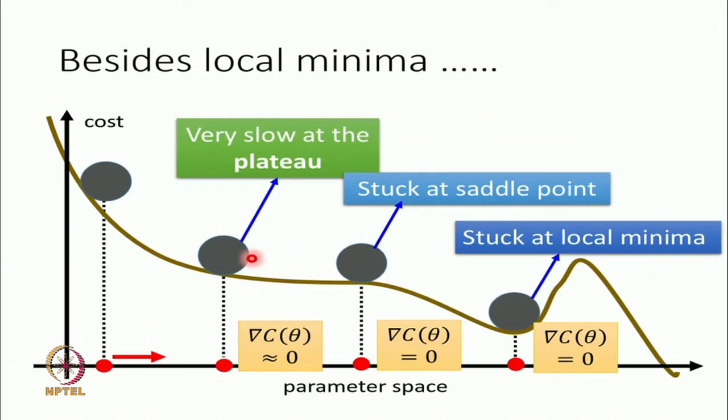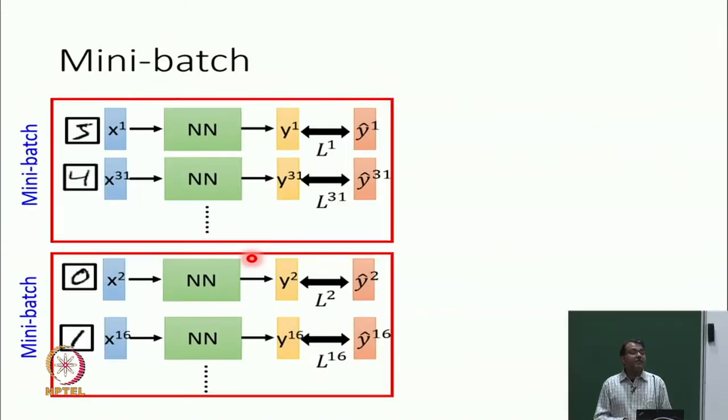Okay. Then the next very important phenomenon is the phenomenon of mini batch. Because we will typically have many parameters, we will have large training data. If we have too many training data points, then going over all the training data and computing one loss function by doing summation over R, LR, and then taking one gradient step might be very slow.